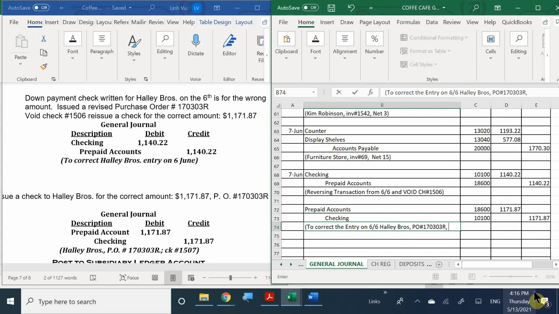And we wrote a new check number 1507. There you go. For most cases, this is usually what happens if a transaction is related to another transaction.